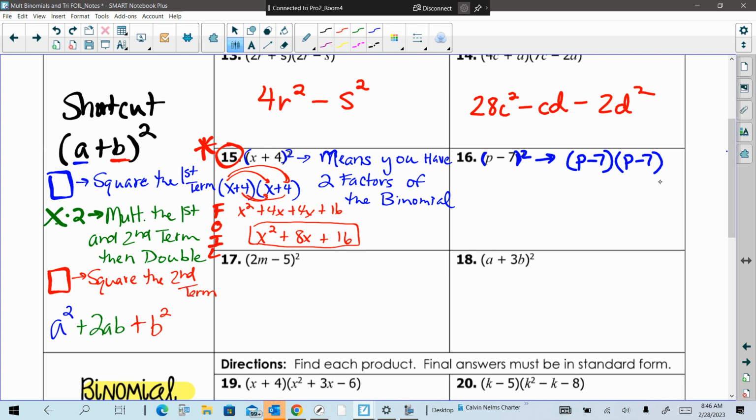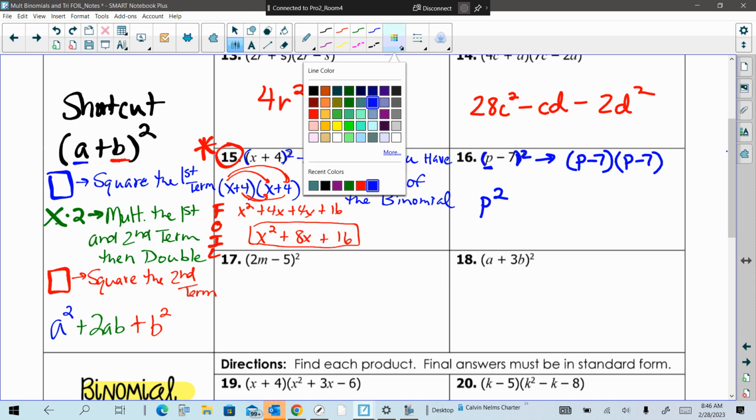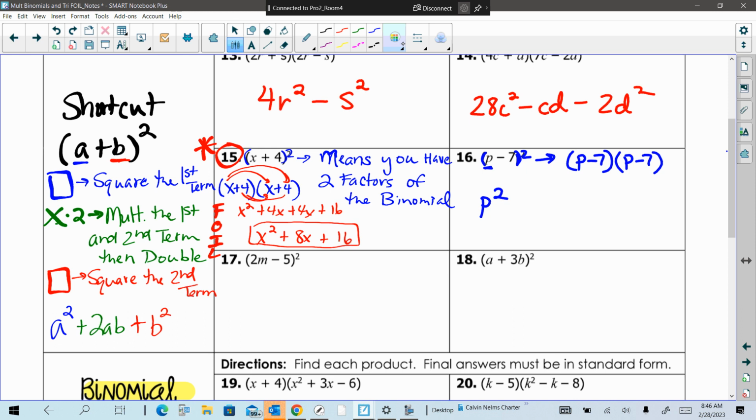The shortcut is you look at the first term, which is your p, and you square that. If I square that first term, that would be p squared. Then step 2 says right here, multiply the first and second term. Here's your first, here's your second. If I multiply these two terms together, that's a negative 7p.